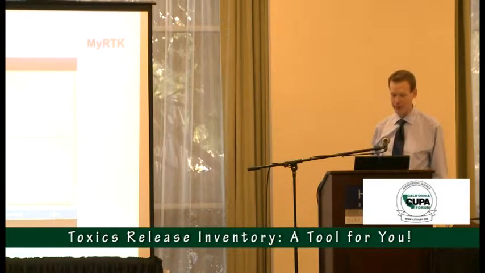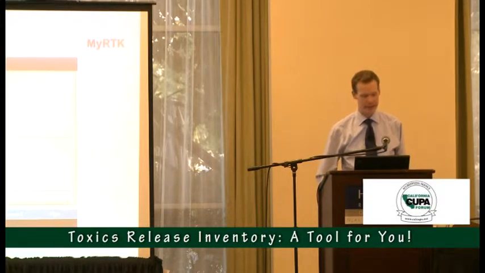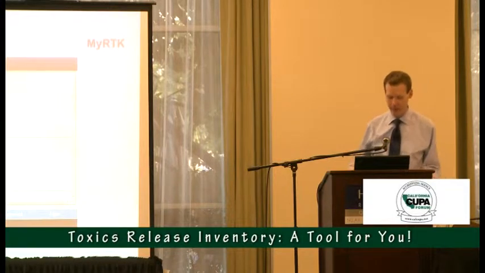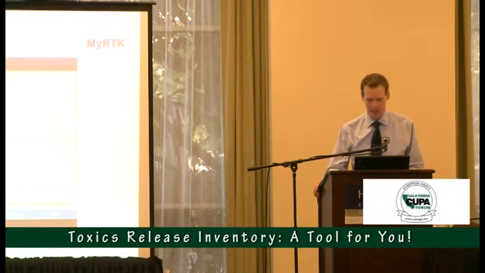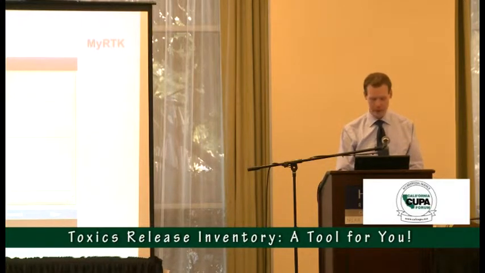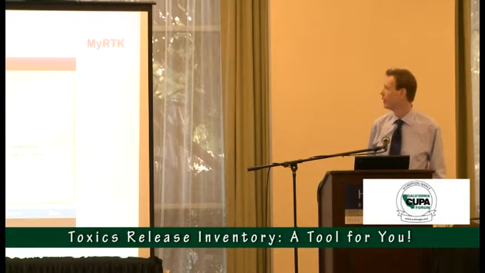You can see some context with this, that this facility accounts for 36% of TRI releases within the county out of 123 counties and facilities in Orange County. Nationally, for textiles, this is the second largest out of 133 TRI facilities.